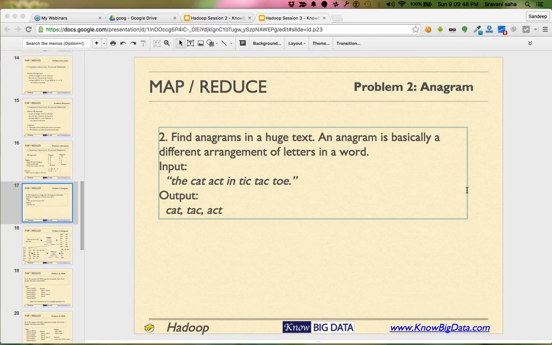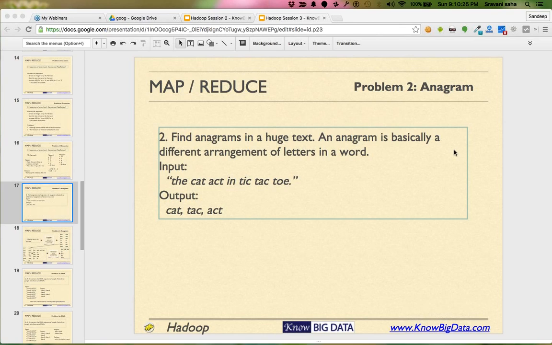The only thing we have is to prepare the key such that Hadoop sorts the data by that key, and when it sorts it, all the values for that key will come together.